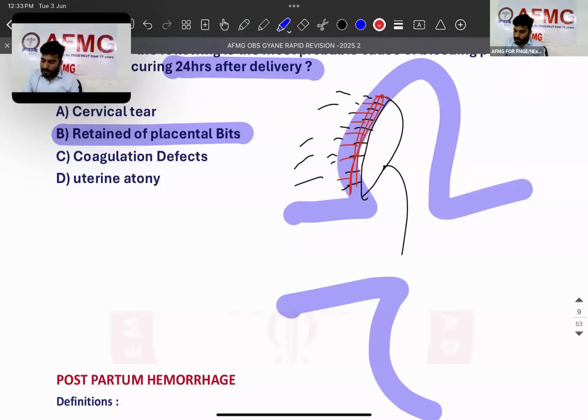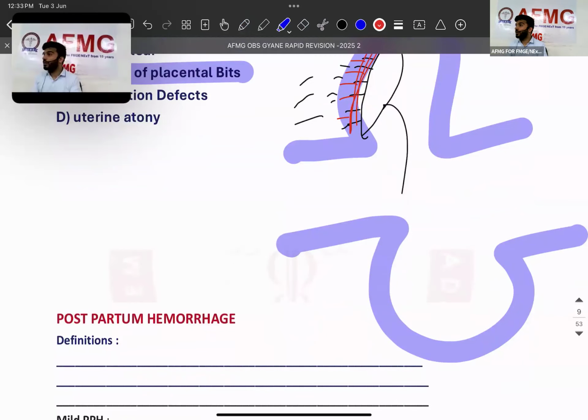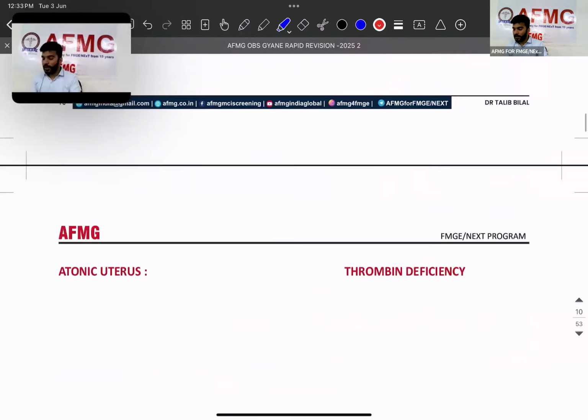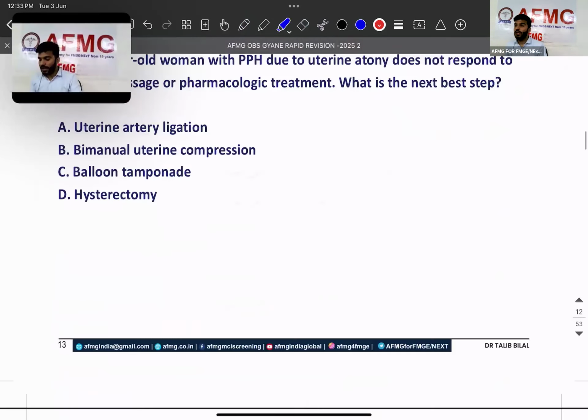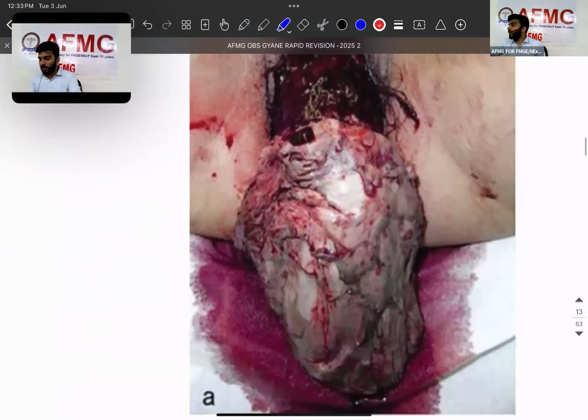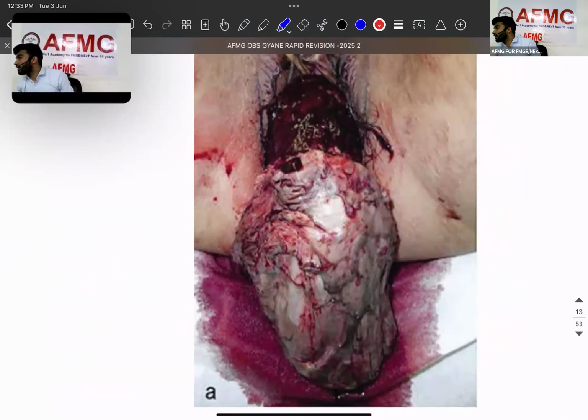After the placental separation, the uterus will be like this. What is coming out? This part, the uterus. Are you getting my point? This is called inversion. Now, in inversion, what is outside? In prolapse, what is outside? The uterus. What is the difference between prolapse and inversion then? In both conditions, what is outside? Yes or no?